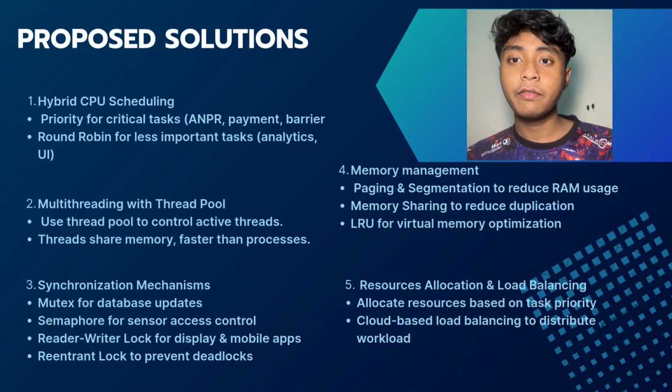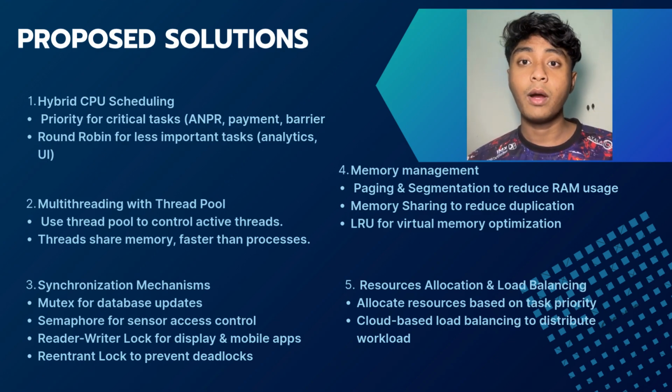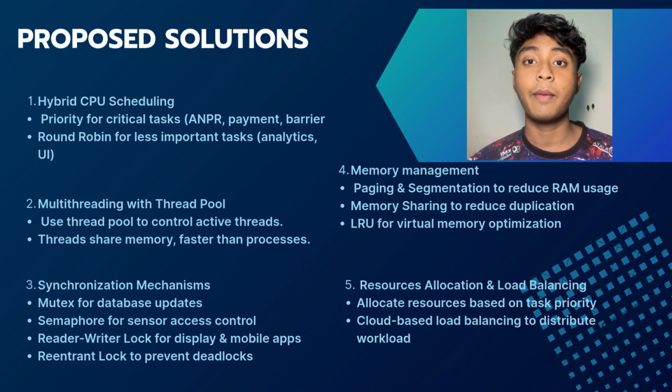We propose 5 key solutions to address the system resource management issue. First is hybrid CPU scheduling. Prioritize critical tasks like NPR and payment for immediate processing, while round robin is used for less critical tasks like analytics and UI to ensure fairness. Second is multi-threading. With a thread pool, we limit active threads and improve efficiency since threads can share memory.